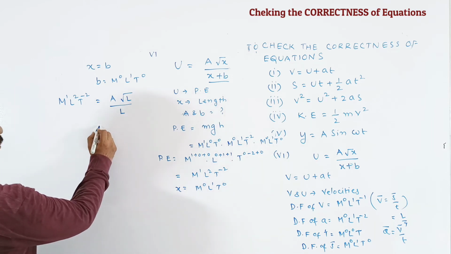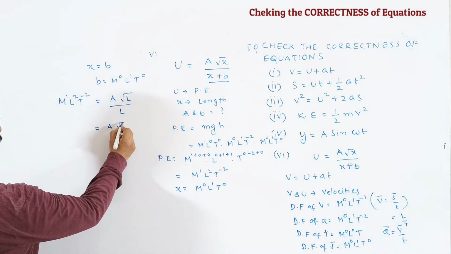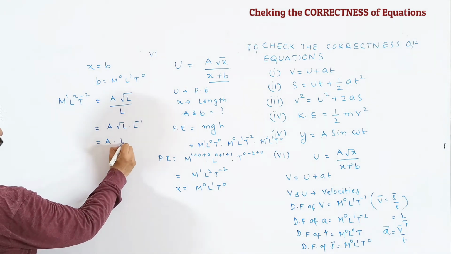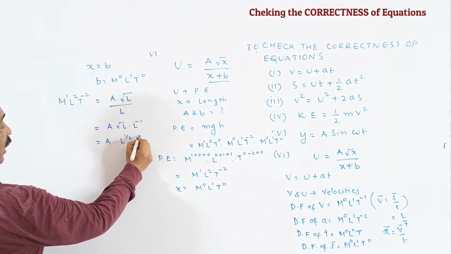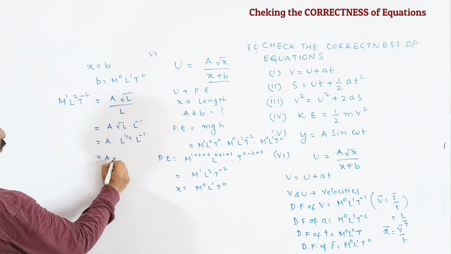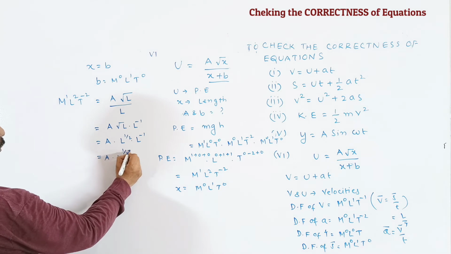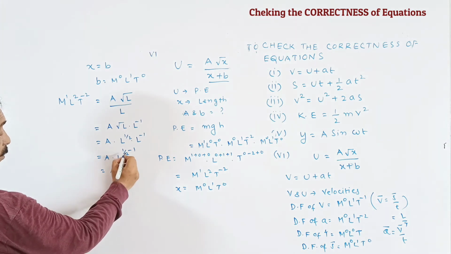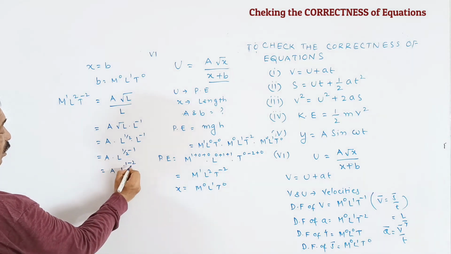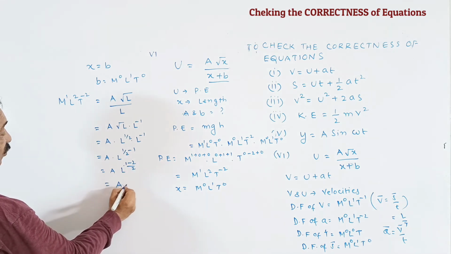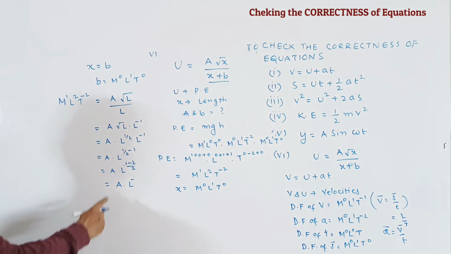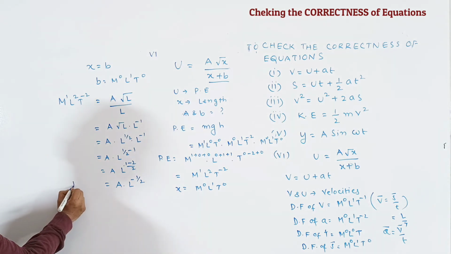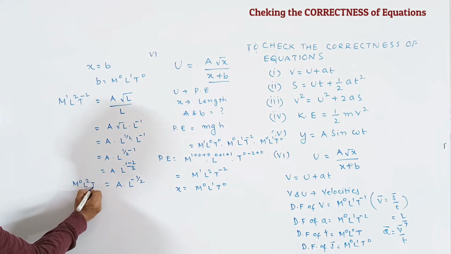Then it can be written as A into root L into L inverse, or A into L to the power of half into L inverse, A into L to the power of half minus 1, which is A of L to the power of minus half, equal to M0 L2 T inverse 2.